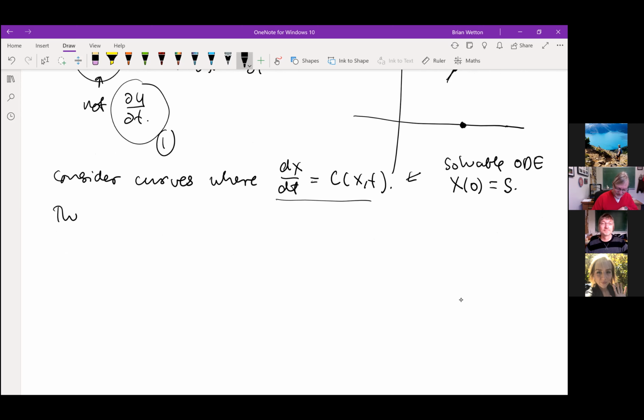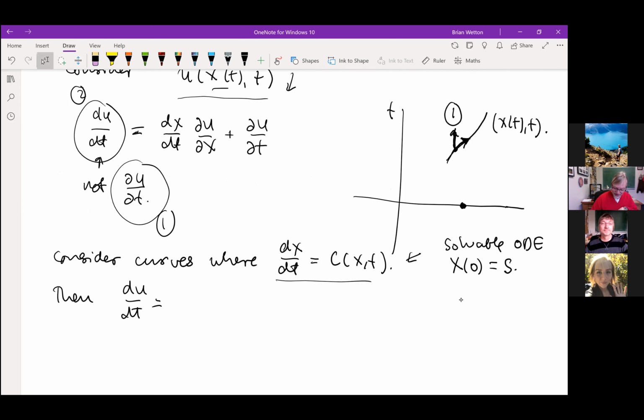Okay, then du by dt becomes, let's go back here, dx by dt, that's c of x and t, times du dx plus du dt.